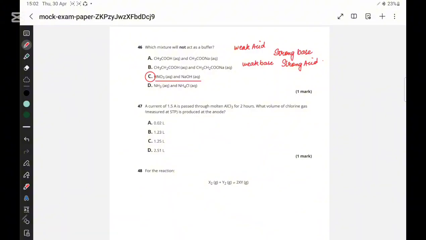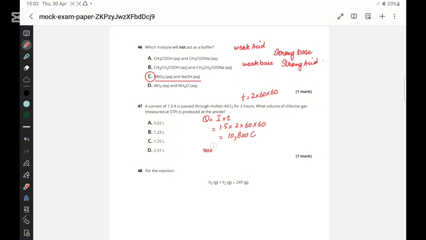For this question, a current of 1.5 ampere is passed through molten AlCl3 for 2 hours. First, what volume of chlorine gas is measured at the anode? First you need to find the charge. Charge is equal to current times time. Current is 1.5 ampere. For time, you multiply 2 times 60 times 60, and the charge comes out to be 10,800 coulomb.